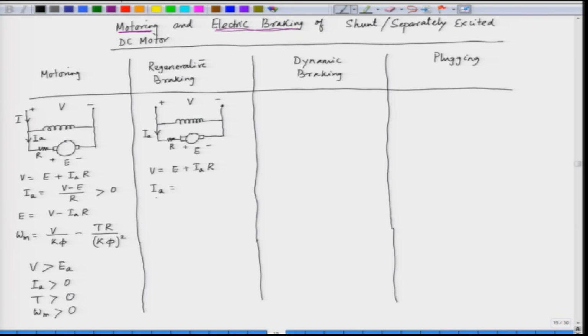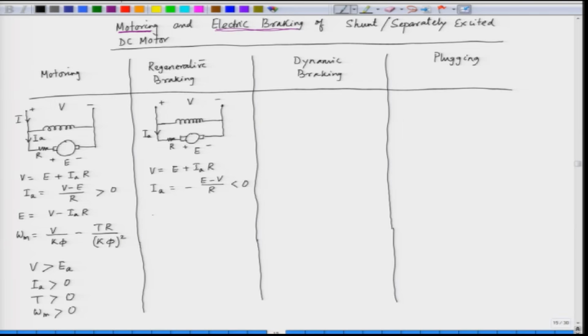I A is equal to minus of E minus V by R, and this quantity is negative. So, for regenerative braking the current is negative.